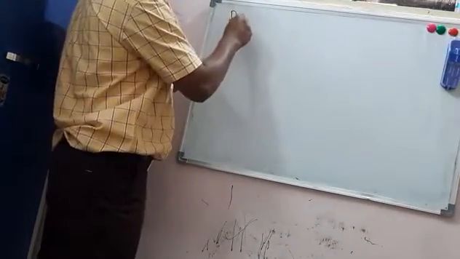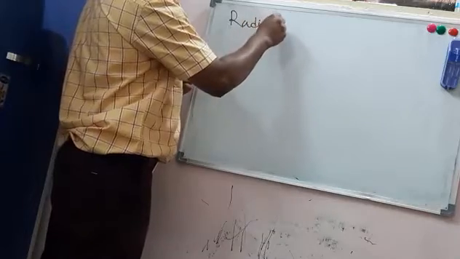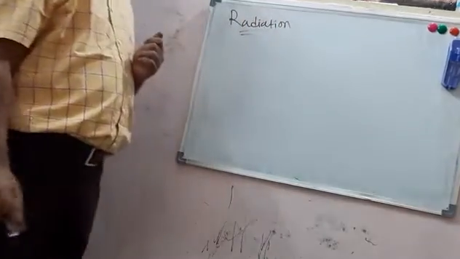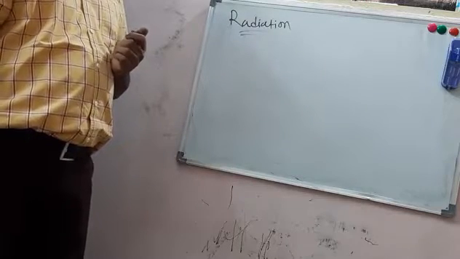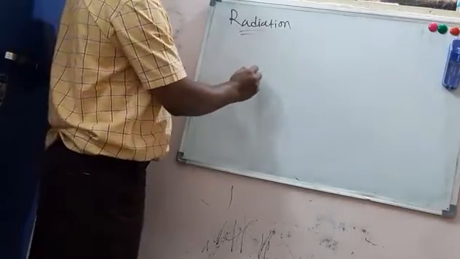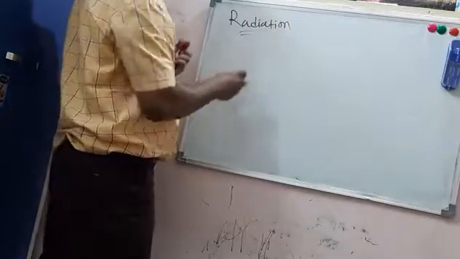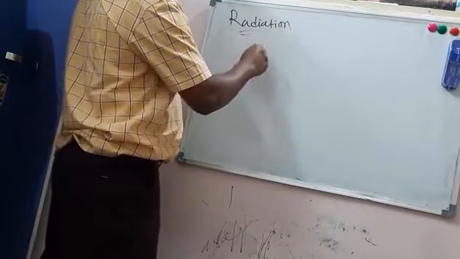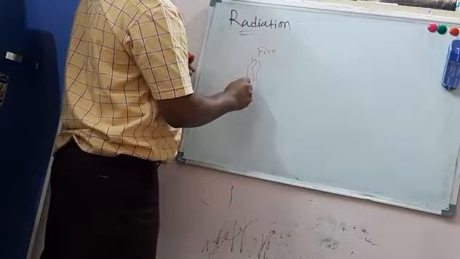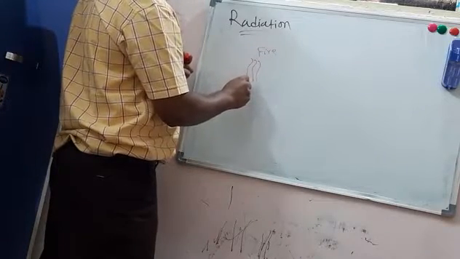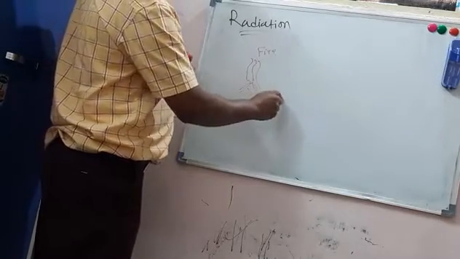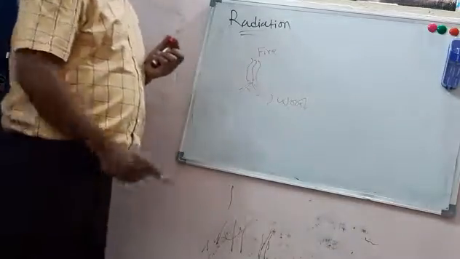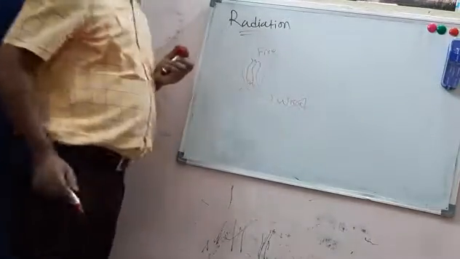So the last one is the radiation mode of heat transmission. In the absence of conduction and convection, heat is being transmitted by means of radiation. Suppose there is a fire, by means of burning any wood pieces, fire is emitted.